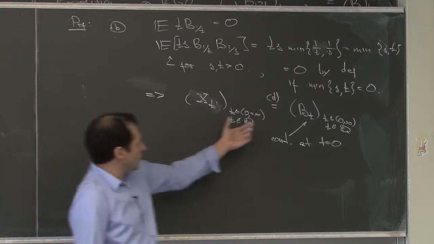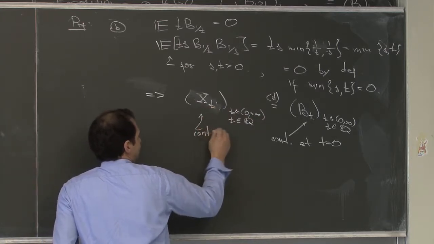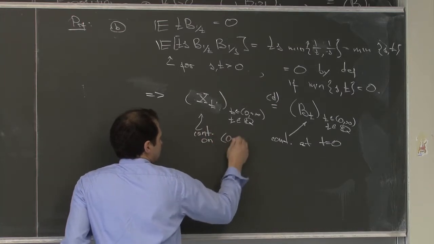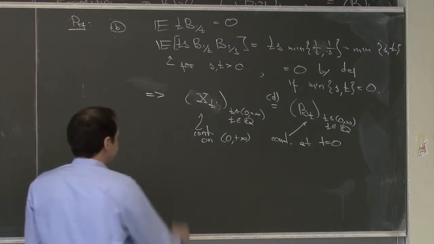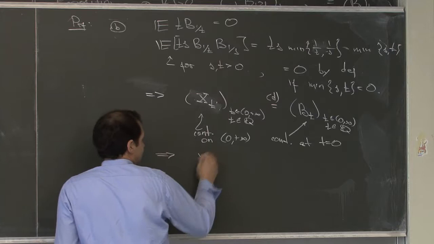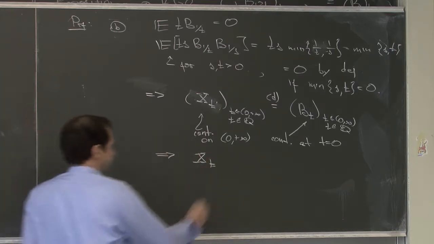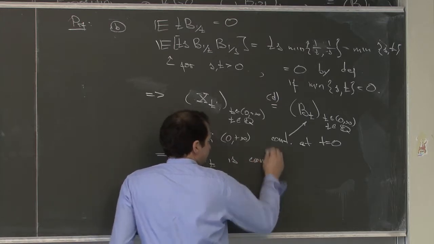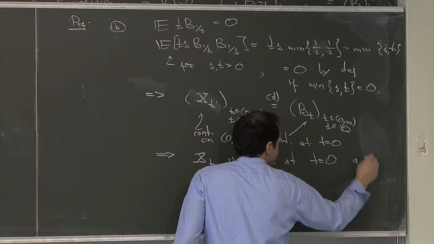I do know that these trajectories are continuous on (0, +infinity). And I do know that they are identically distributed. So because of that, I can say that this X_t is indeed continuous at the origin. Okay, almost surely.